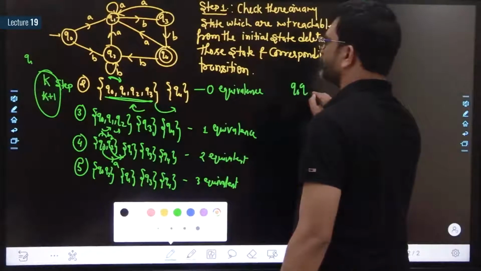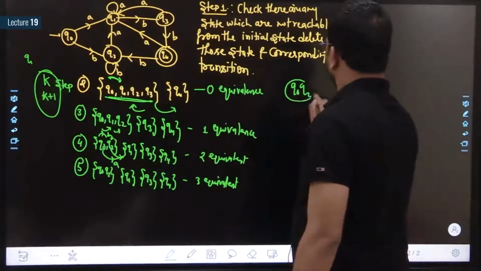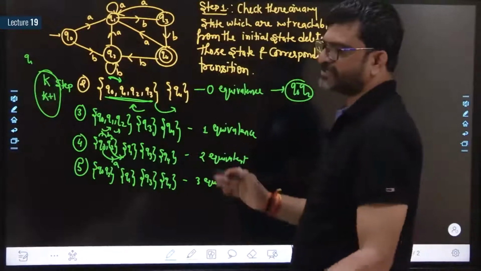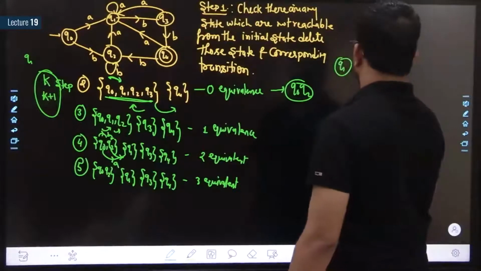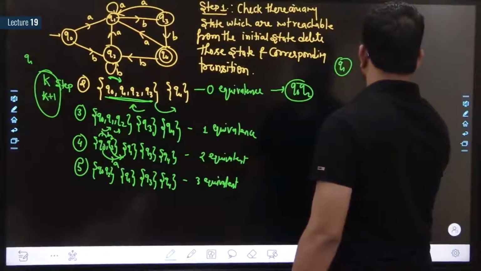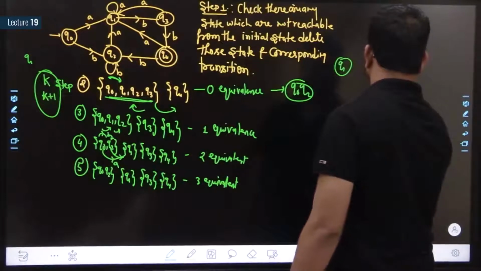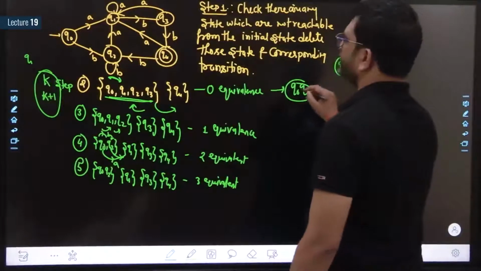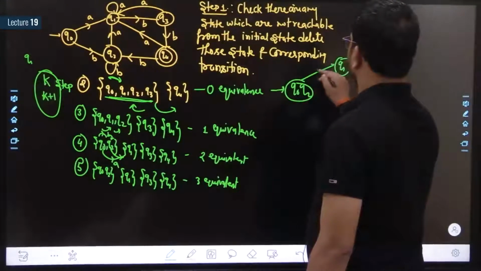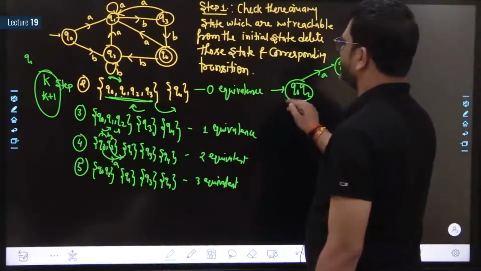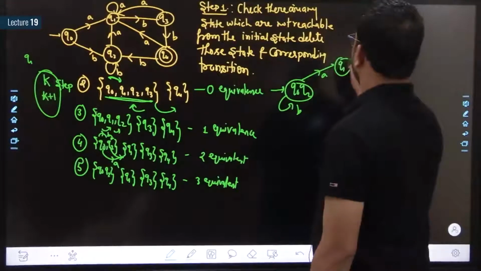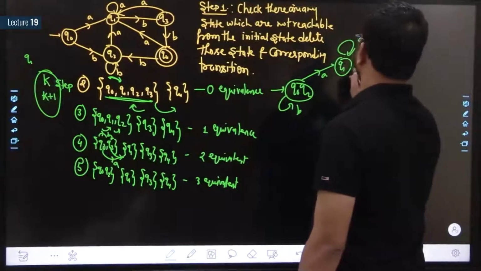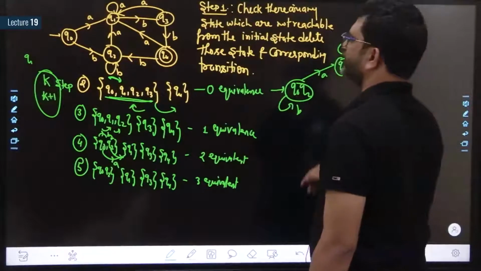Q0 and Q2 merge into a single state. This is Q1, this is Q3, and this one is Q4. Q4 is the final state. Q0 on A, Q1. Q0 on B, Q2. Q1 on A, Q1. Q2 on B, Q3.